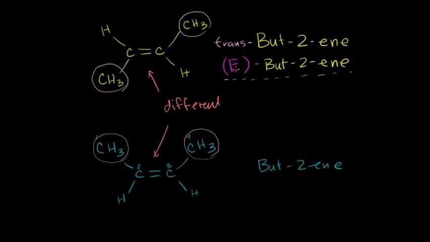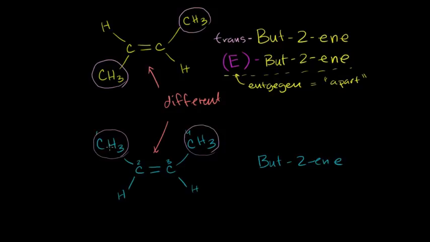We'll see this notation where you use Entgegen or E is actually more powerful. It can extend to when we have more than one functional group on each carbon. So let me just make it clear that the E stands for Entgegen, German for apart. Or at least I believe it is. I can't speak German, so I'll just have to take people's words for it.